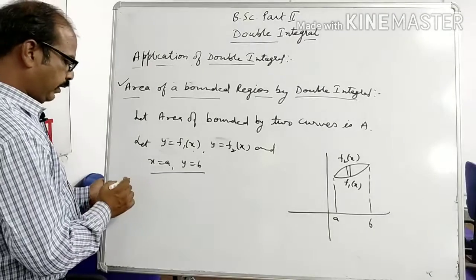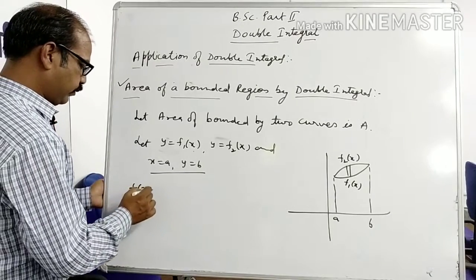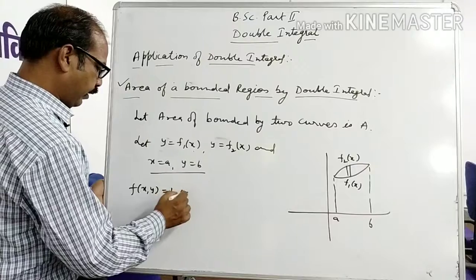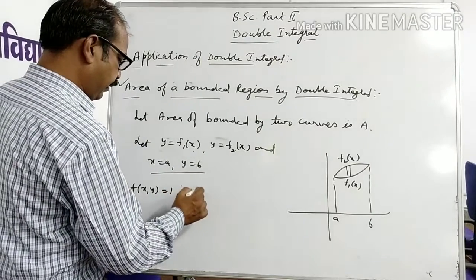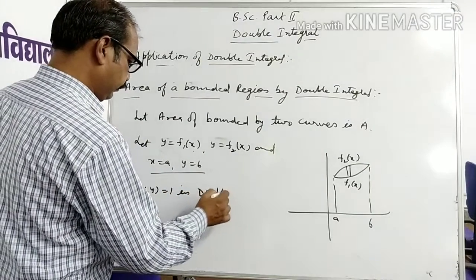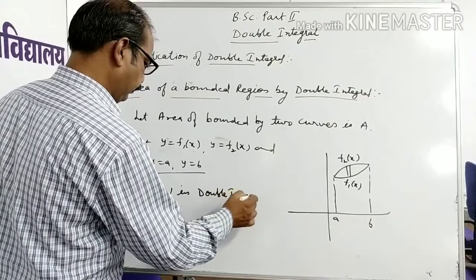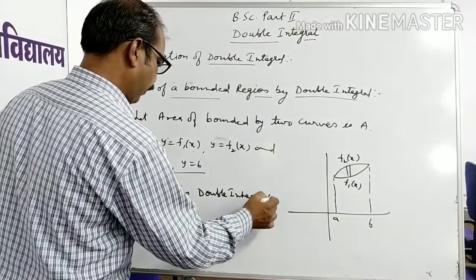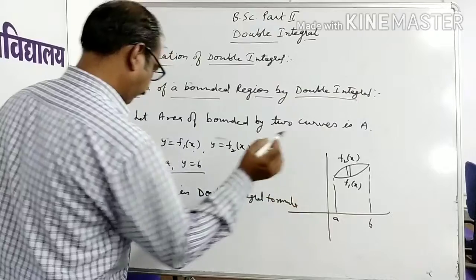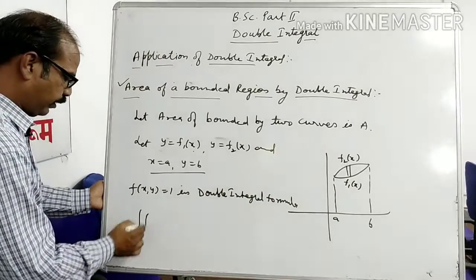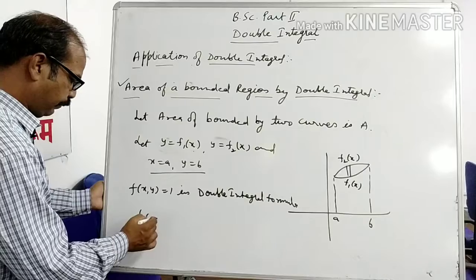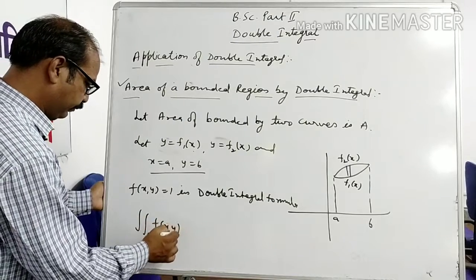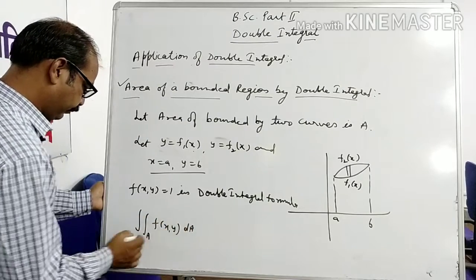To find the area, we will substitute f(x,y) equal to 1 in the double integral formula. So what is the double integral formula? It is double integral of f(x,y) dA.